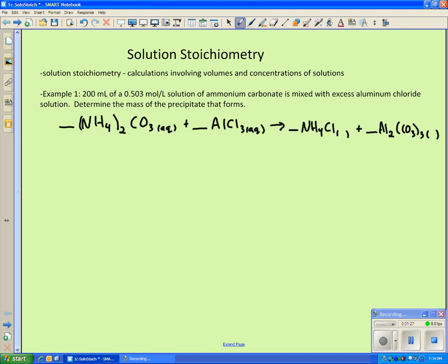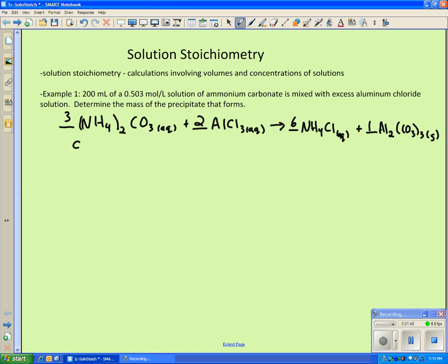And checking your solubility table, you should see that the ammonium chloride is soluble and the aluminum carbonate is the solid. That's the precipitate. So balancing, we're going to need a 3 and a 2 on the reactant side and a 6 and a 1 on the product side.